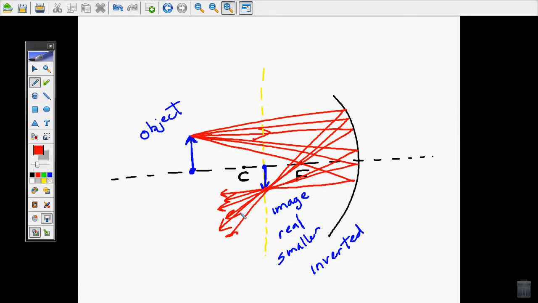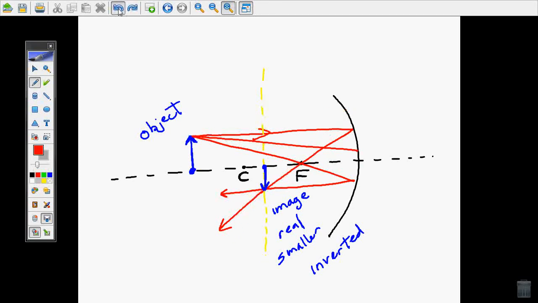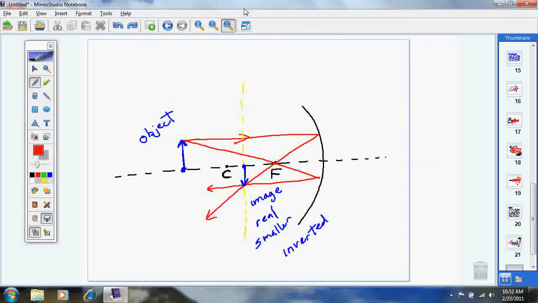But in the standard diagram, we just showed two of the rays. Okay? All right, so let me pause here.